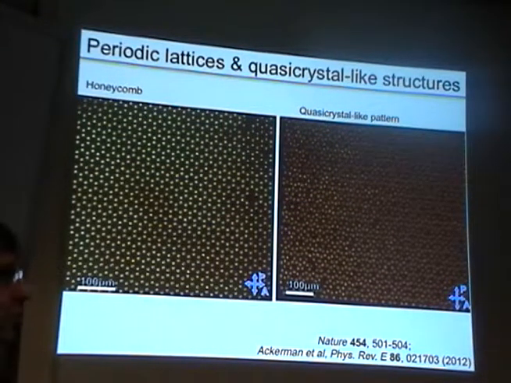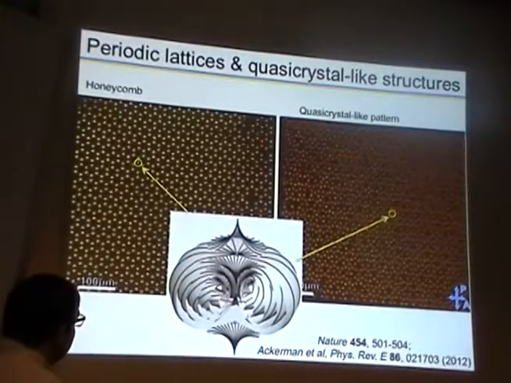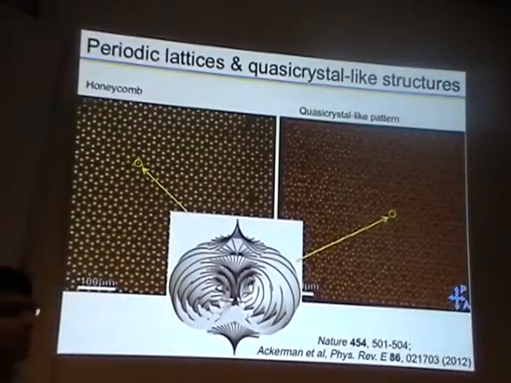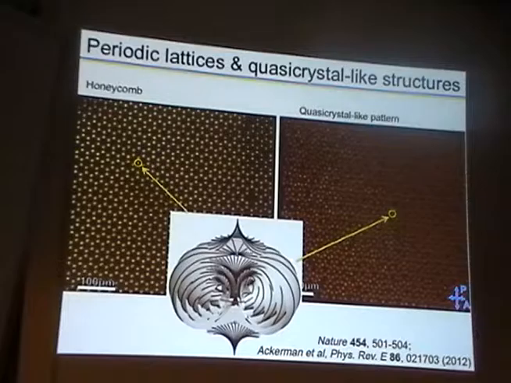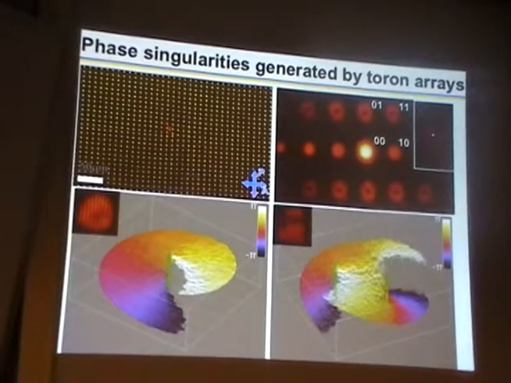We could also generate a number of quasi-arrays. Here you can see a quasicrystal-like pattern and a honeycomb lattice, and remember that each of those little tiny structures that you see in those pictures corresponds to a double twist torus with a pair of point defects that we discussed in detail last time.